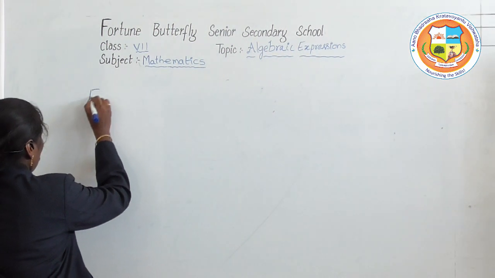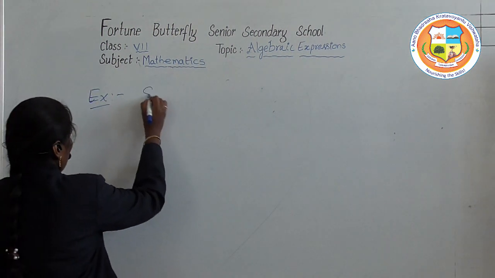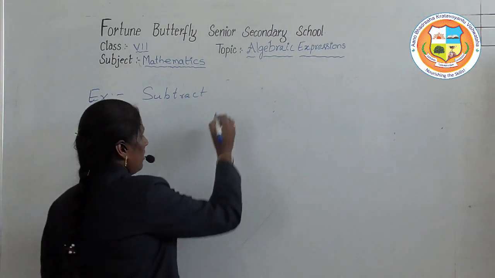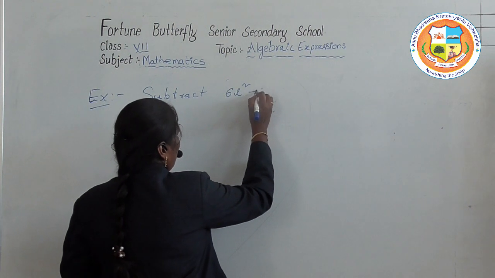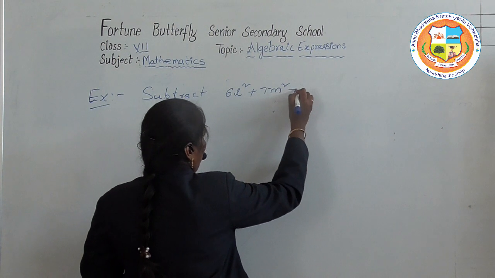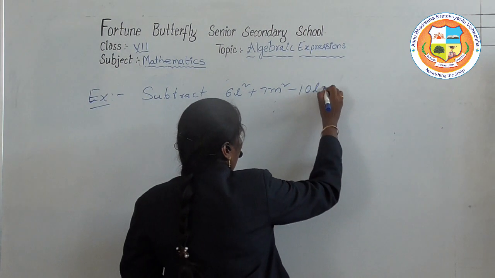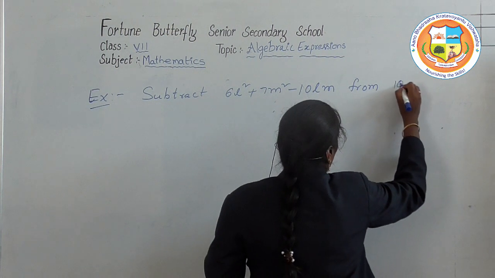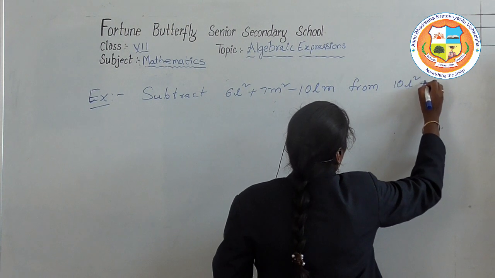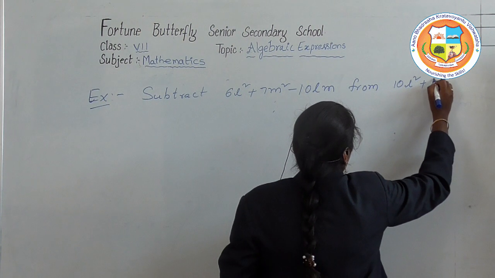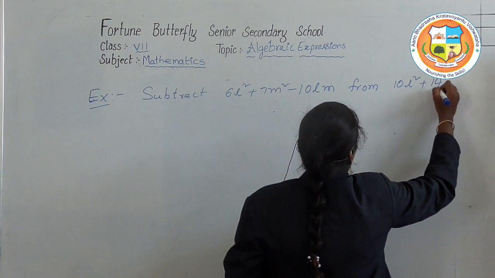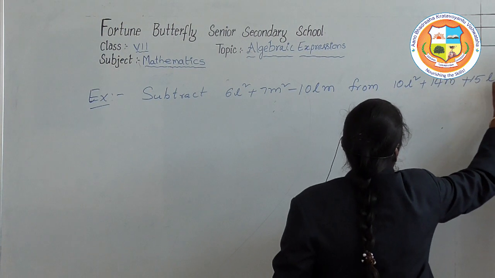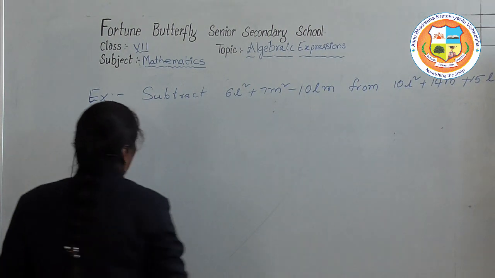For example, subtract 6l^2 + 7m^2 - 10lm from 10l^2 + 14m^2 + 15lm. Now how do we subtract these two expressions?